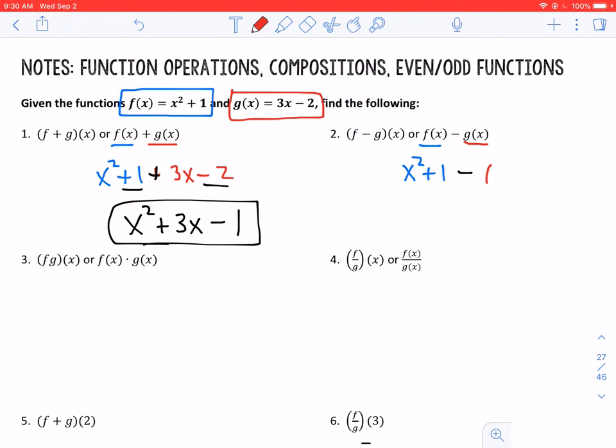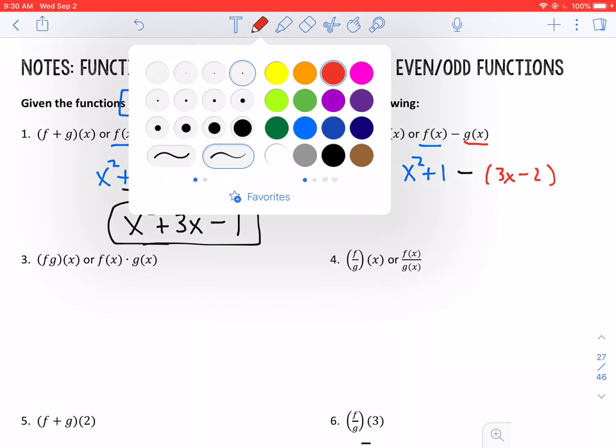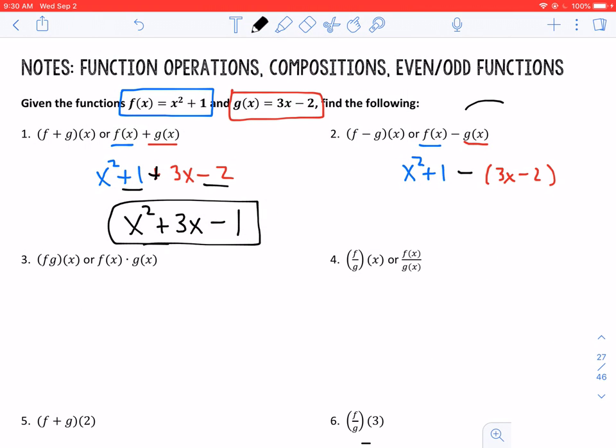We want to be very careful to put parentheses around g of x so that I remember not only am I subtracting 3x, but I'm also subtracting negative 2. It's super important to remember when we're subtracting functions to distribute the negative. Okay? Very important to remember that.